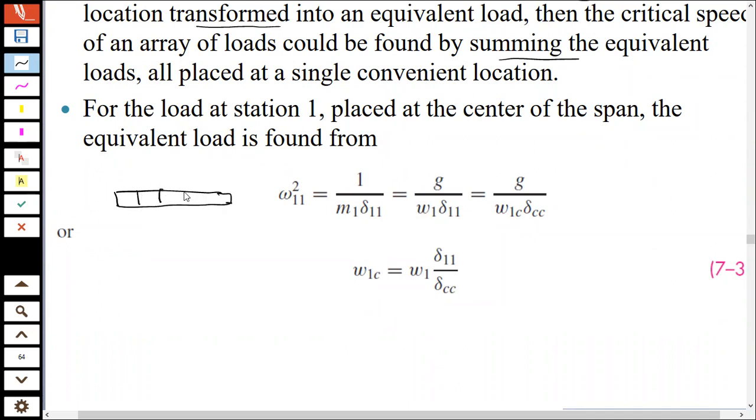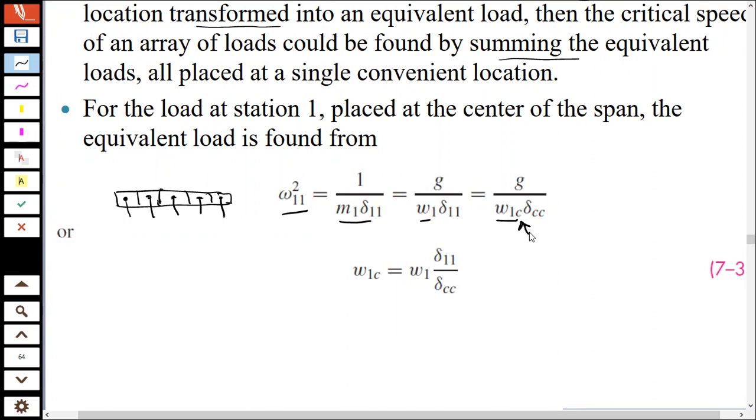ठीक है जी. For every section, what we will do is place the load at the center. ठीक है जी. Concentrate the load at the center. Therefore omega 11 square is equal to 1 over m1 delta 11 is equal to g over W1 delta 11. We wrote m as W over g, so W1C.